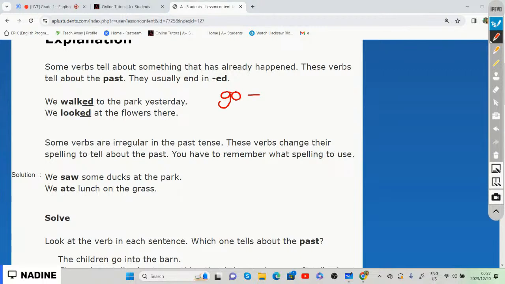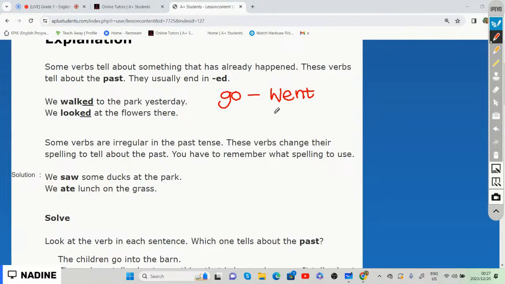So the past tense form of go, right? If I go to the shop now to buy snacks, yesterday we can say I went to the shop to buy snacks.